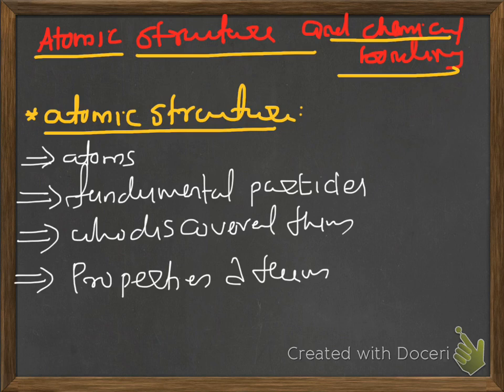Atoms are the smallest individual unit of matter from which elements are formed, and these atoms were considered to be indivisible in the early times of science, and the name atom was derived on that basis.